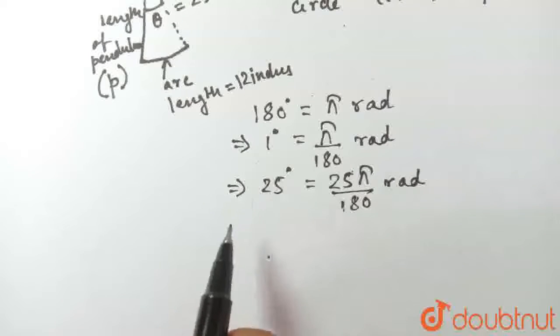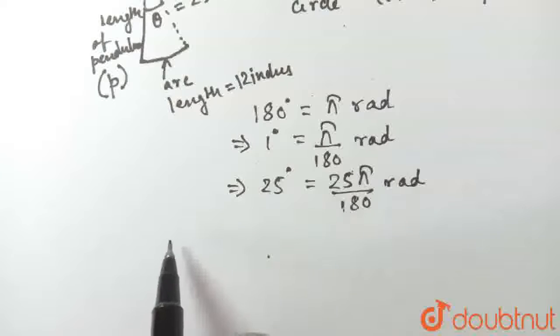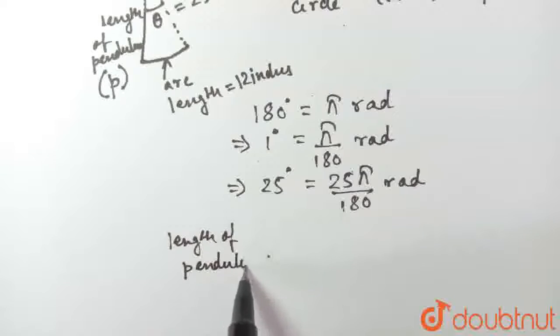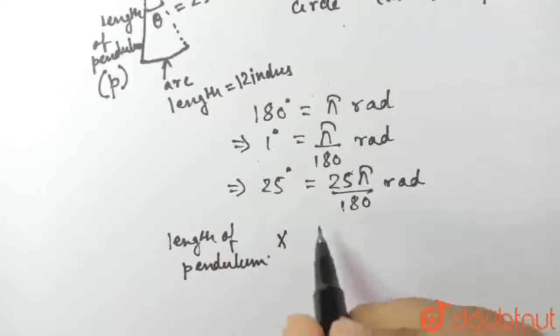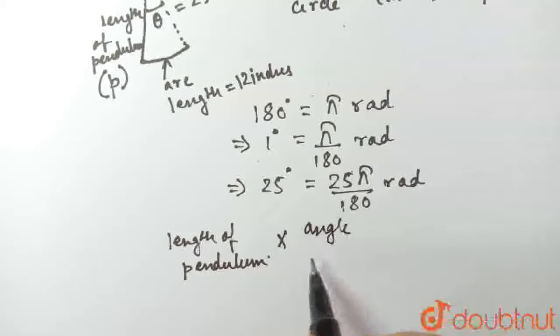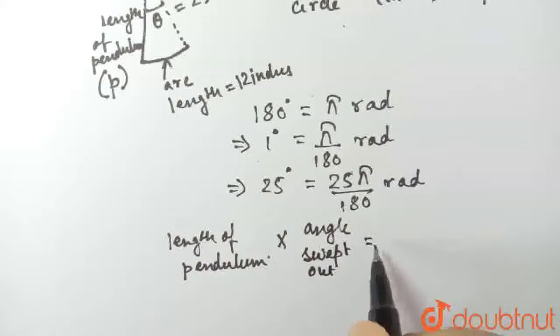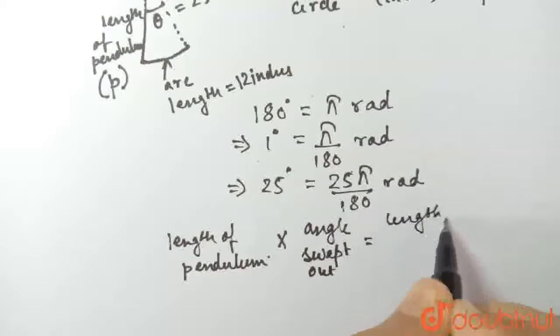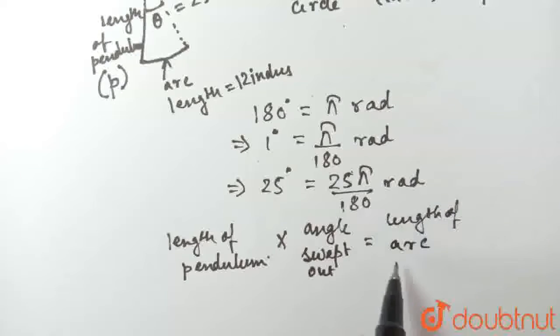Now we use that formula. So by this formula, length of pendulum into angle swept out equals to length of arc swept out.